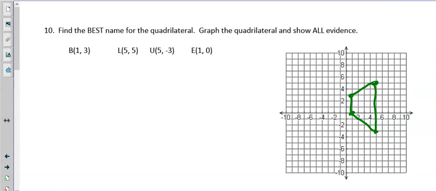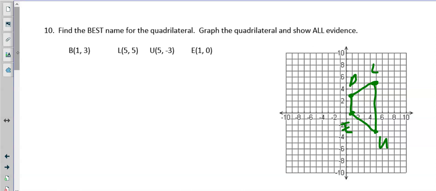So we have B, L, U, E. To me and you, it looks like a trapezoid, and it looks like it's likely an isosceles trapezoid, but maybe not. Maybe one leg is bigger than the other. We will see. Looking at it a little more, it looks like probably EU is longer than BL, but we'll have to do the distance formula on that.